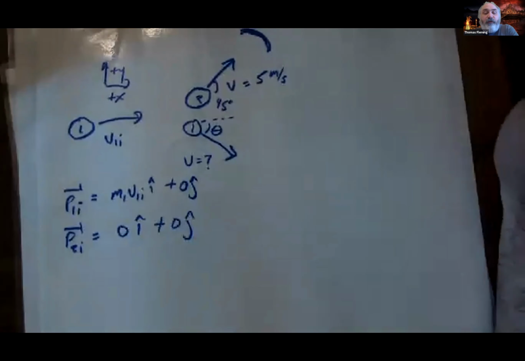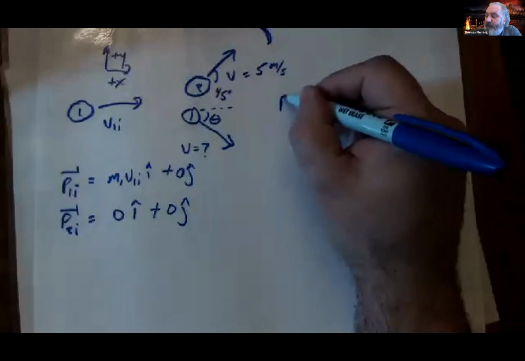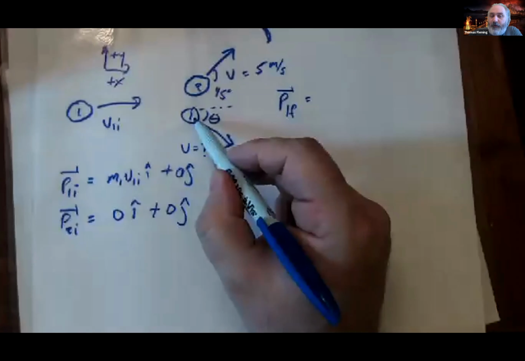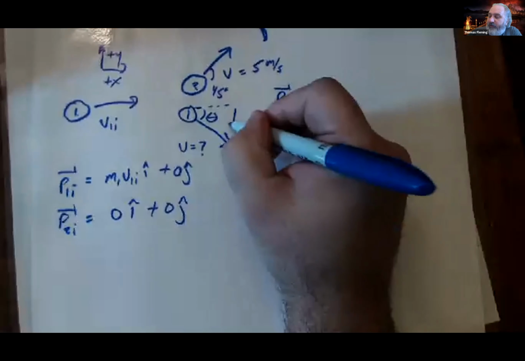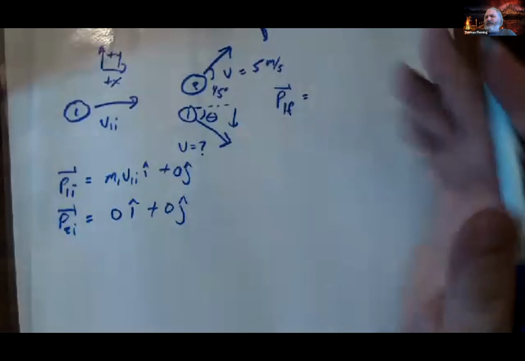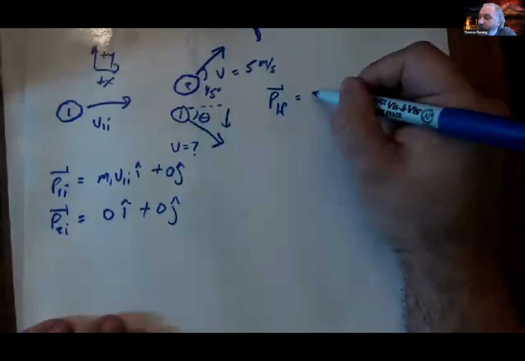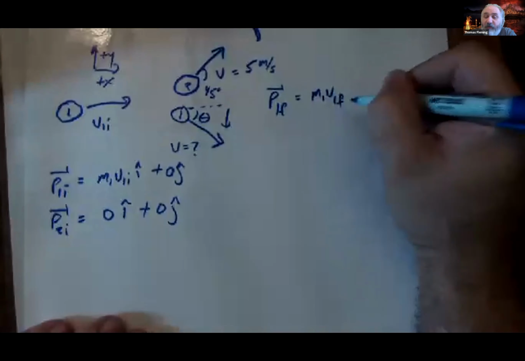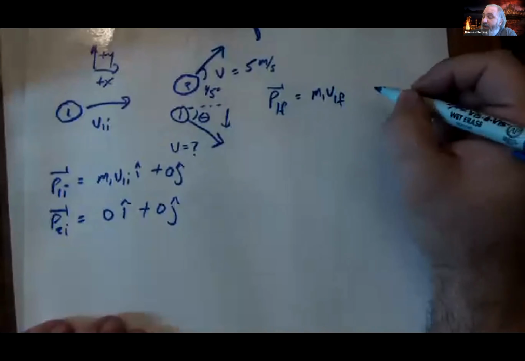Now, all bets are off once the hit happens, because now we have P1 final, that's going to be this guy here. Notice, I expect it's traveling in the x direction, but probably the negative y direction. I'm going to take that into account just to make my life easier. So the total momentum of this is going to be its mass times its final velocity, V1 final, which we don't know; we're trying to solve for it.